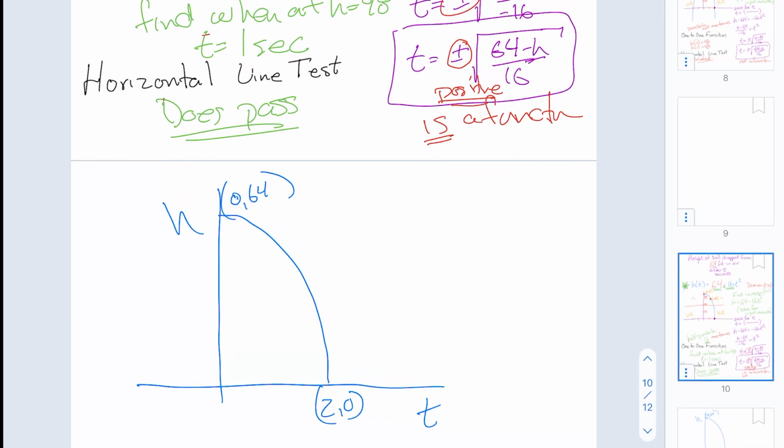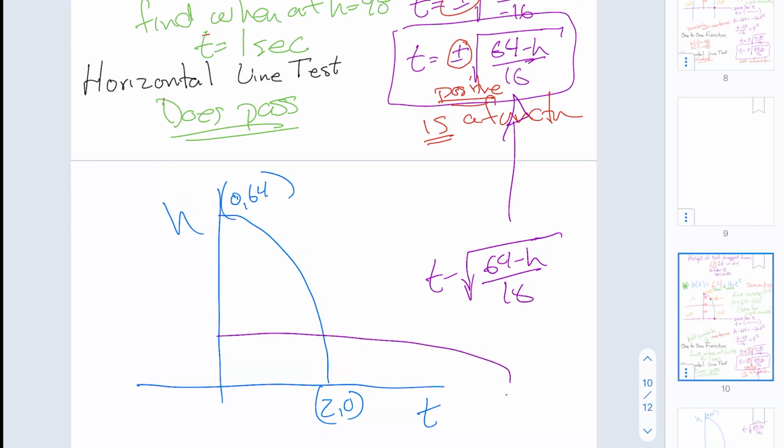And in the book, they talk about then if you draw the inverse function on the same set of axes, the t function, t equals the square root of (64 minus h) over 16, if you graph that, it'll look like this. This is out here at (64, 0), and it comes here at (0, 2). All I've done is switch the 2 and the 0, and so that's flipped kind of across this diagonal axis.